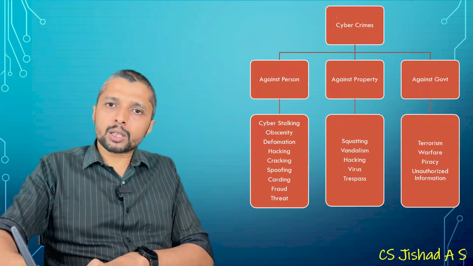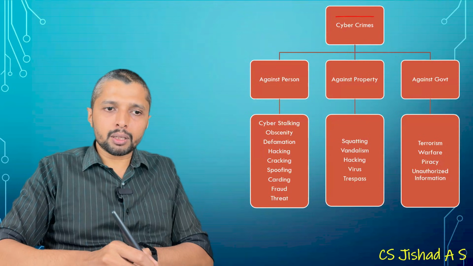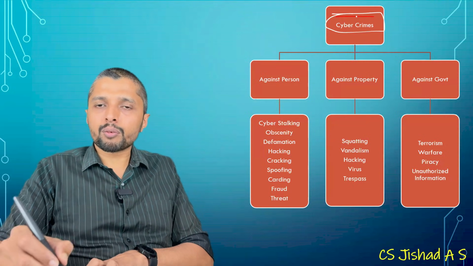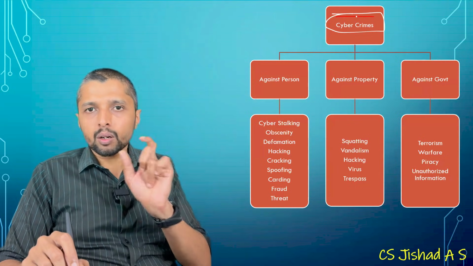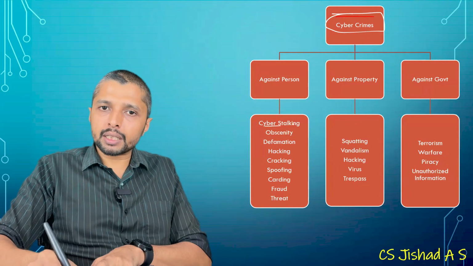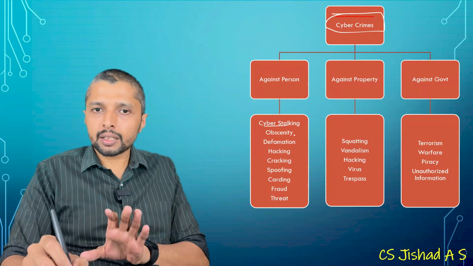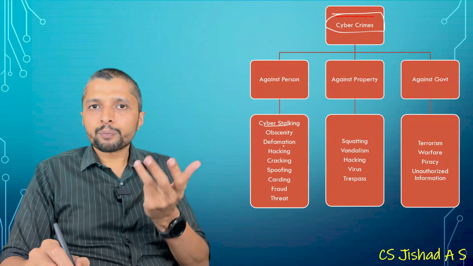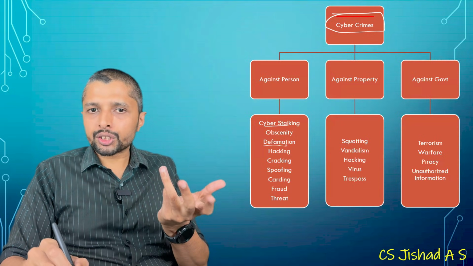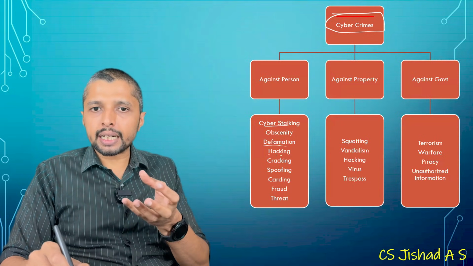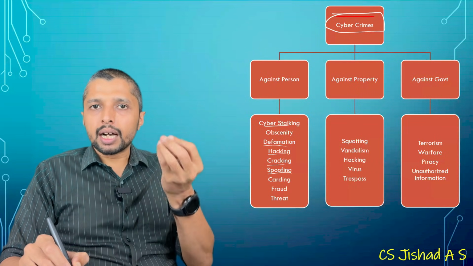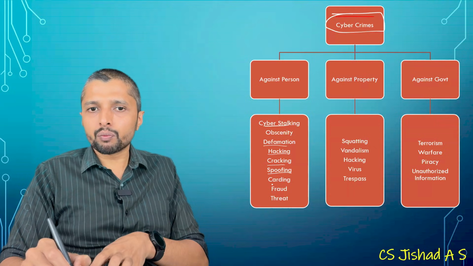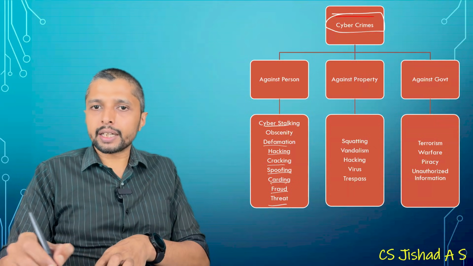Then cyber crime means any criminal activity in which the computer or software is a tool, target or place of criminal activity. It may be either against a person, like cyber stalking, obscenity. Cyber stalking means physical threat, then obscenity, pornography, etc., defamation, reducing the dignity of a person, hacking, cracking, spoofing, and when you are disguising the identity, spoofing, carding, fraud, threat.